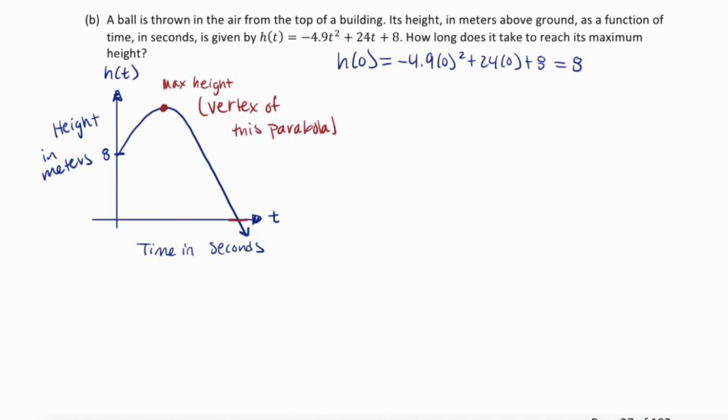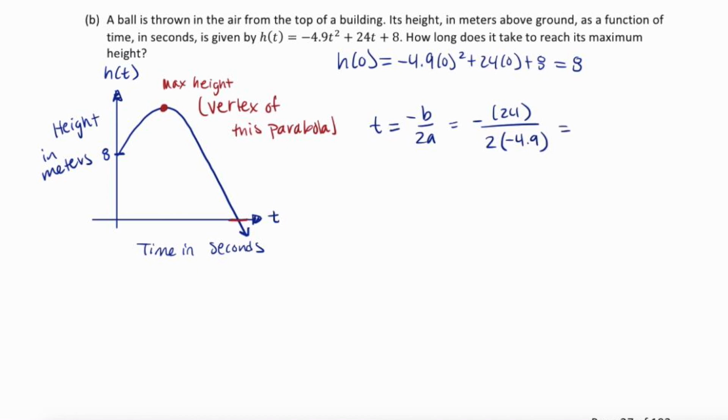So what this question is asking you is to find the vertex of the parabola. We know this will occur when we have -b over 2a. That's the horizontal value, which in this case is our t. B in this case is 24. Then we divide by 2 times -4.9, which is a.